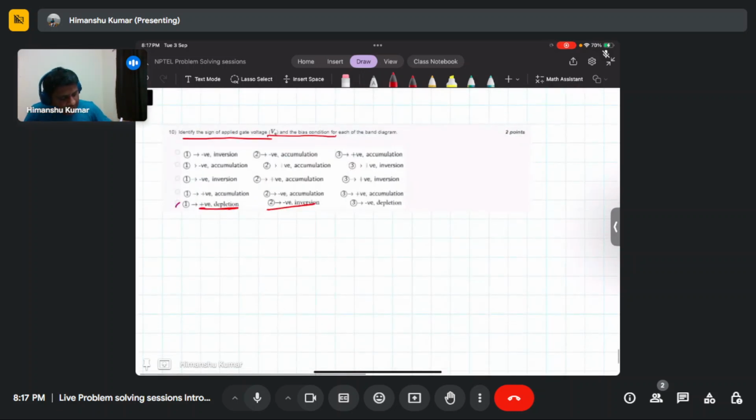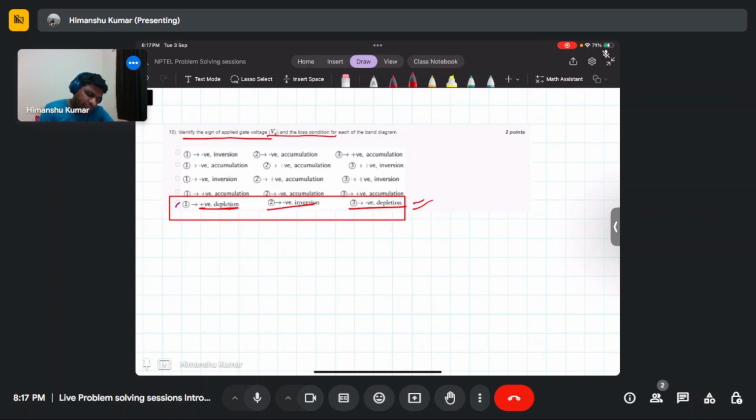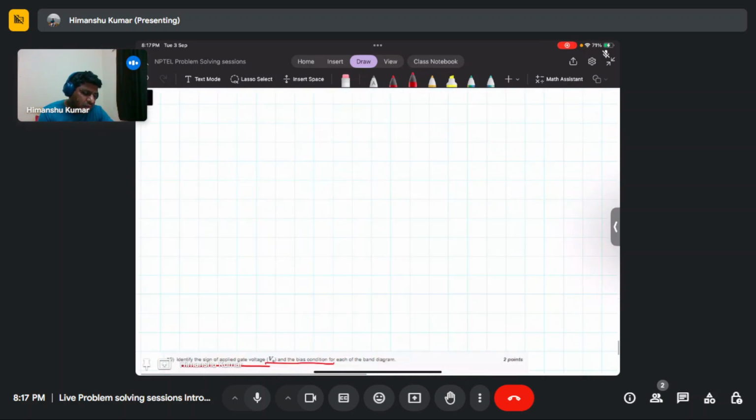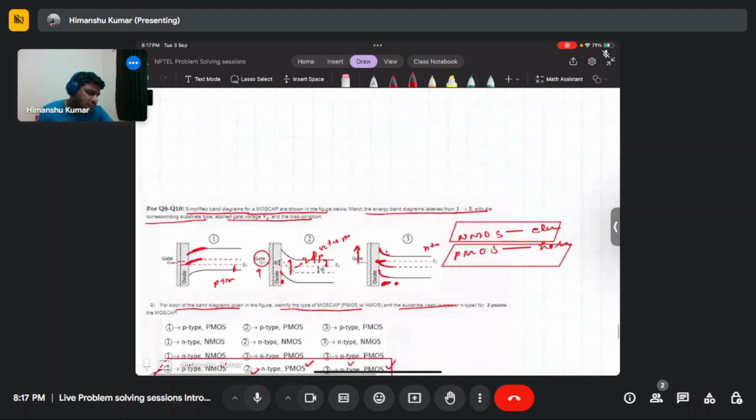So the correct answer is negative and depletion. So the correct full answer is this one, and you can choose this option correctly. Other options are wrong with the same argument.